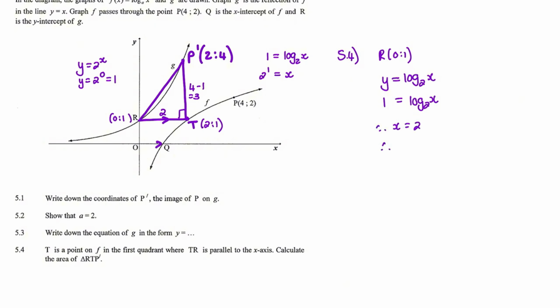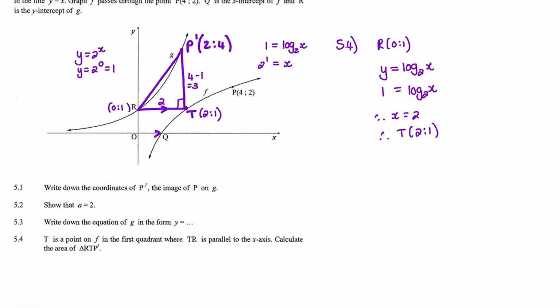Therefore, the coordinates of T is (2, 1). And then we can say that RT is equal to 2 units and PT is equal to 3 units. Therefore, the area of triangle RTP prime is half of the base times the height, and that is 3 units squared.